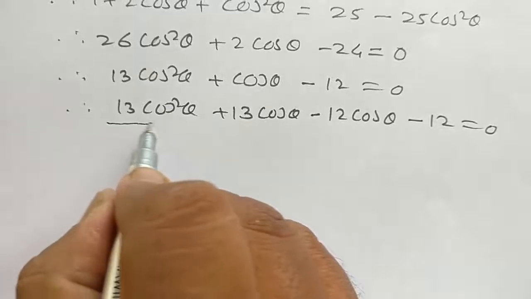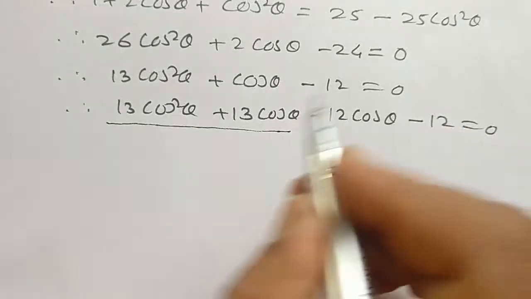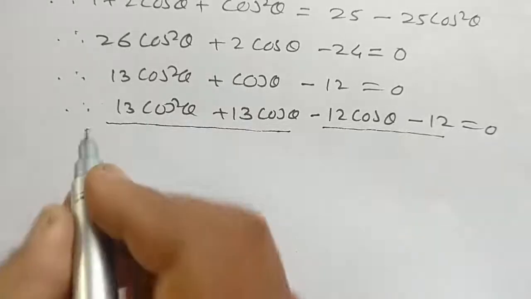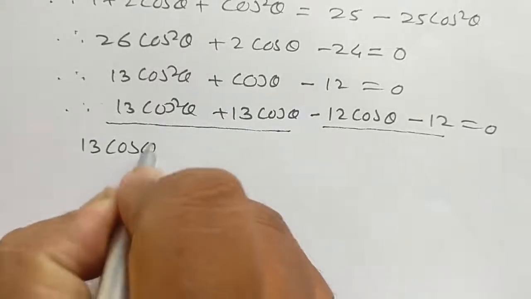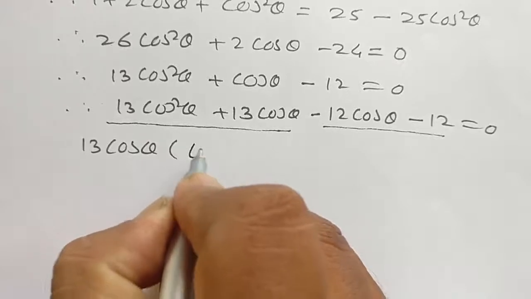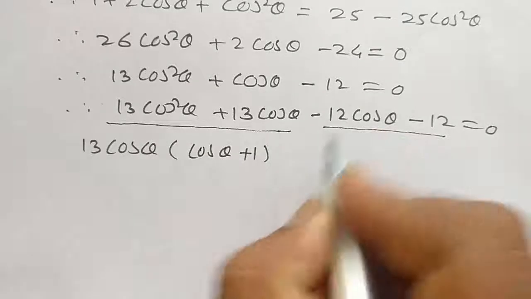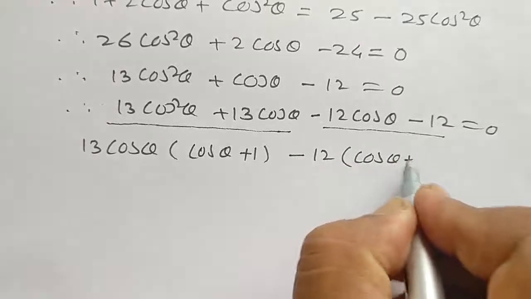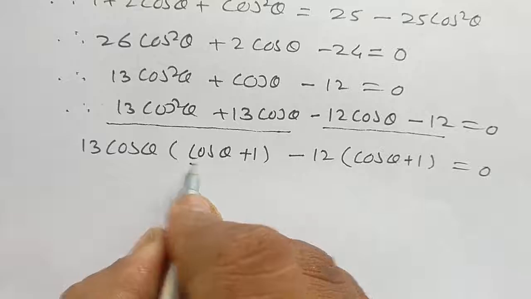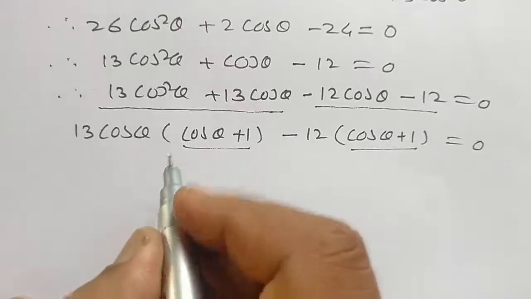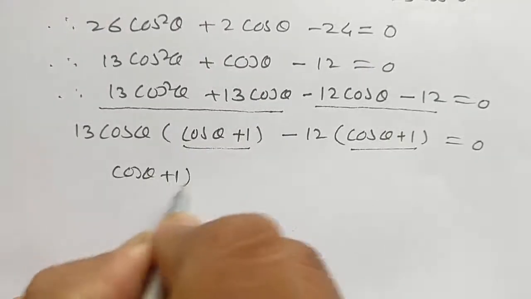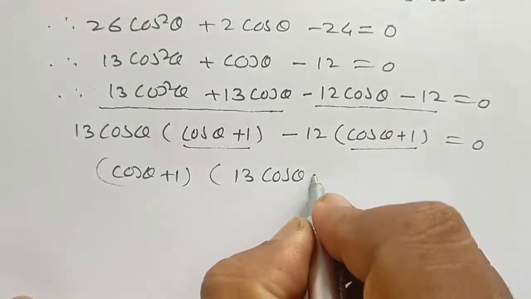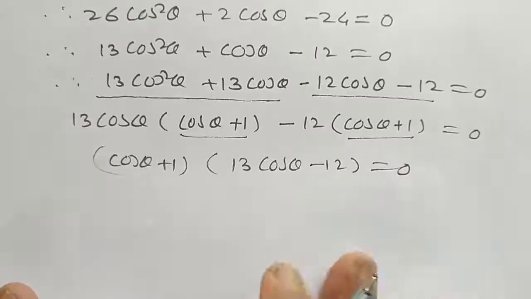We take 13 cos theta common from the first two terms and minus 12 from the last two terms. 13 cos theta (cos theta plus 1) minus 12 (cos theta plus 1) is equal to 0. Cos theta plus 1 is common, so (cos theta plus 1)(13 cos theta minus 12) is equal to 0.